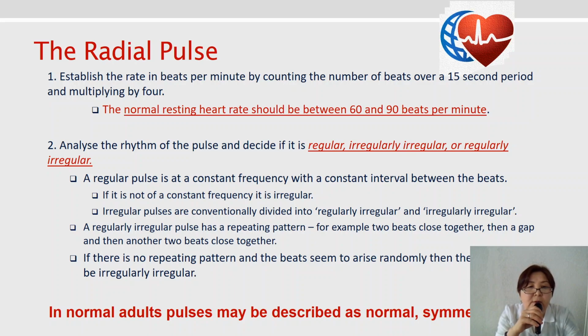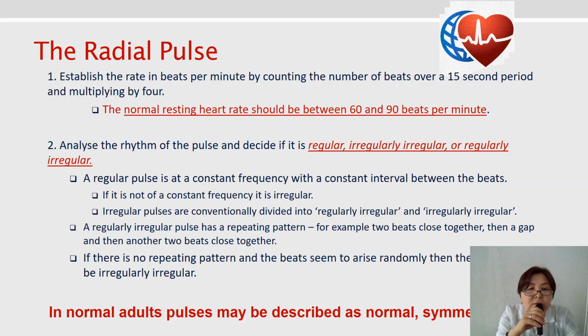A regular pulse is at a constant frequency with a constant interval between the beats. If it's not of a constant frequency, it's irregular. Irregular pulses are conventionally divided into regularly irregular and irregularly irregular.